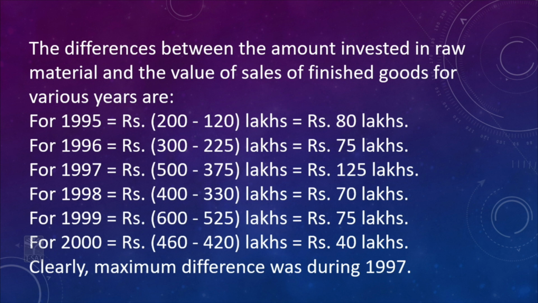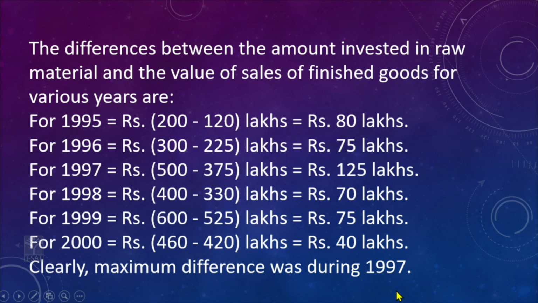In 1995 it is 200 minus 120, 80 lakhs. In 1996 it is 300 minus 225, 75 lakhs. In 1997, 500 minus 375, 125 lakhs. In 1998 it is 70 lakhs, 1999 it is 75 lakhs, and 2000 is 40 lakhs. So, the maximum difference was during 1997.